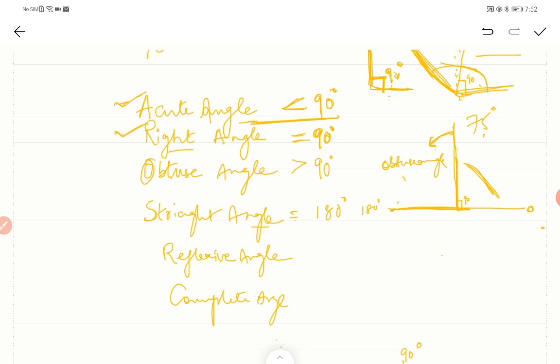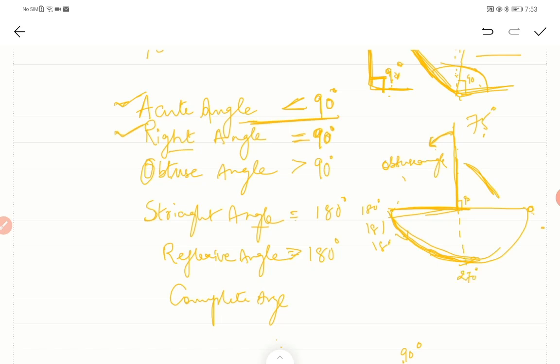Now if it is greater than 180 degrees, all these angles you call reflex angles. Greater than 180 degrees, that is 181, 182, whatever angles come, all these are your reflex angles. And when it is reaching till 360, after 180 comes 270, here straight you will get 270 degrees.